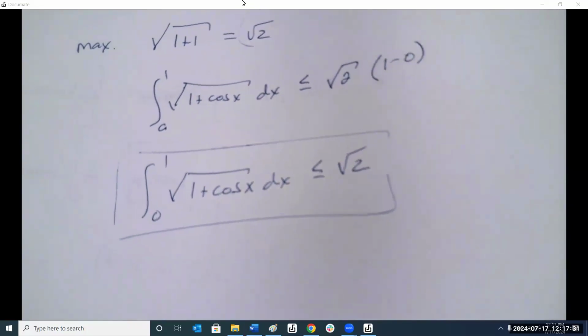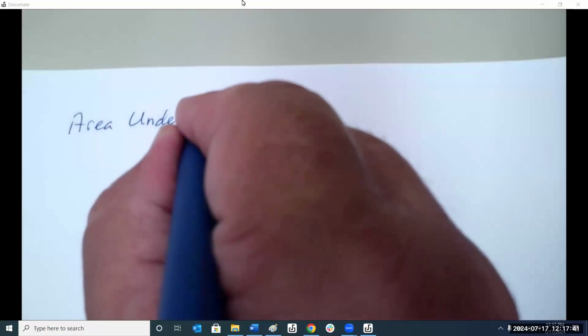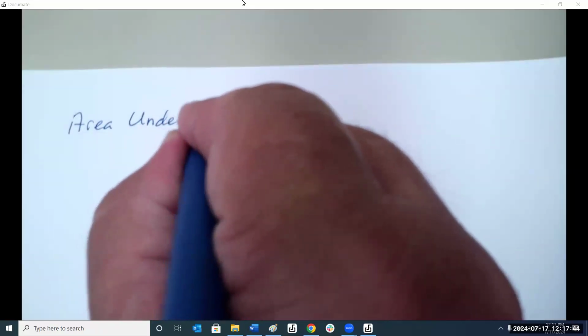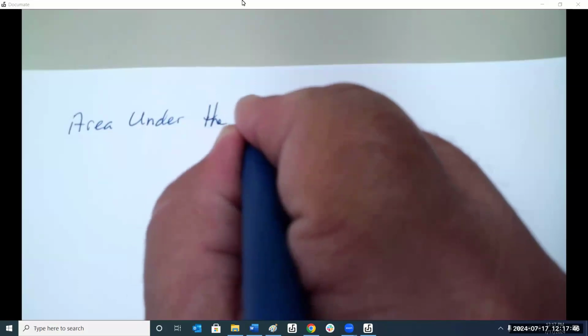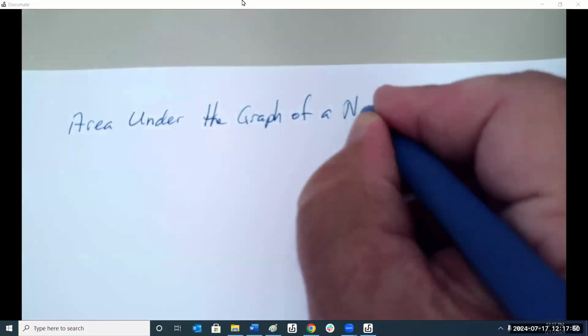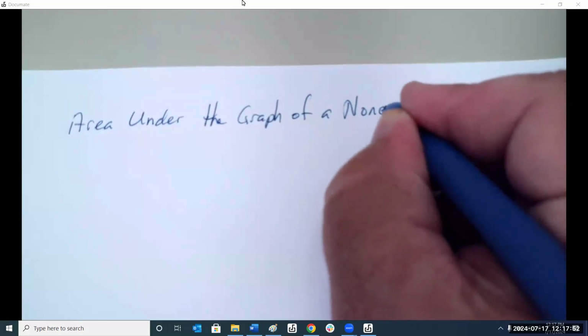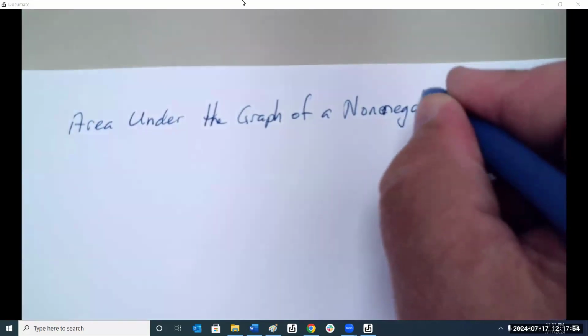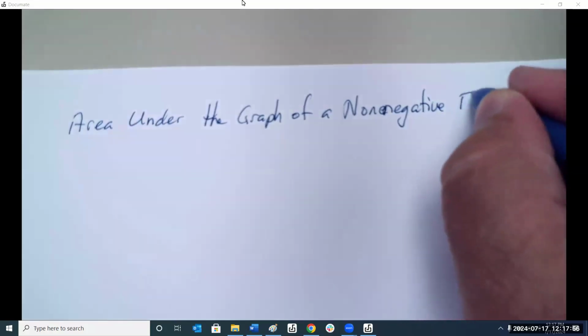Okay, area under the graph of a non-negative function.